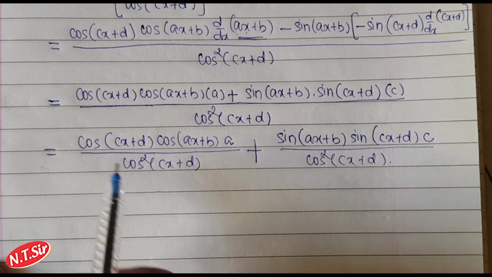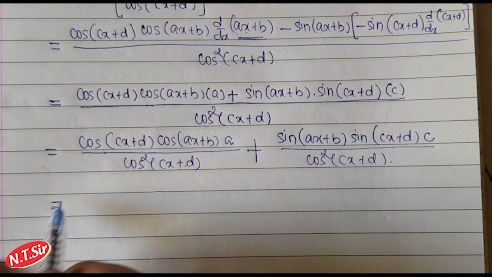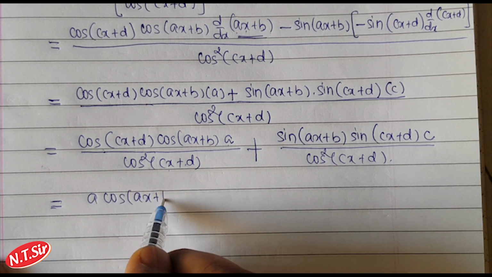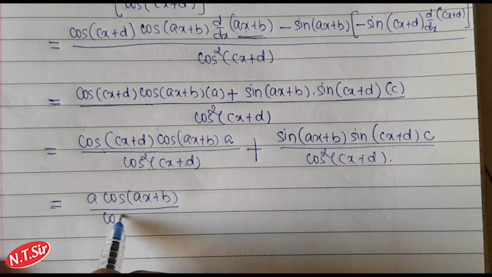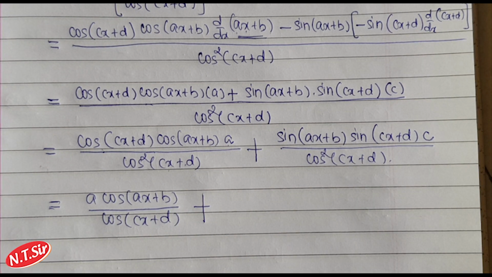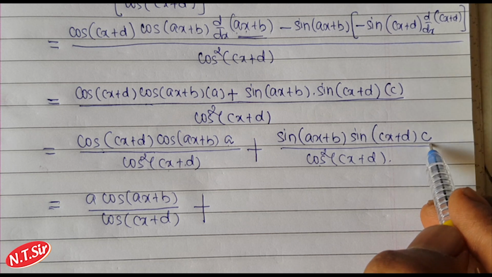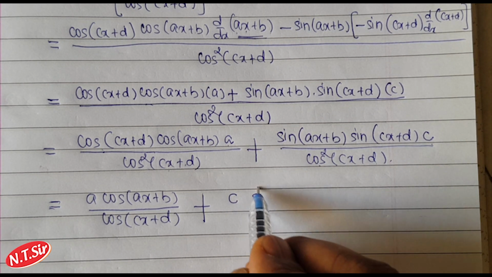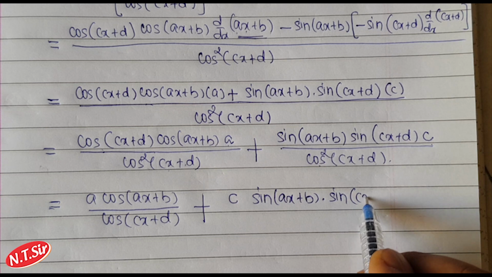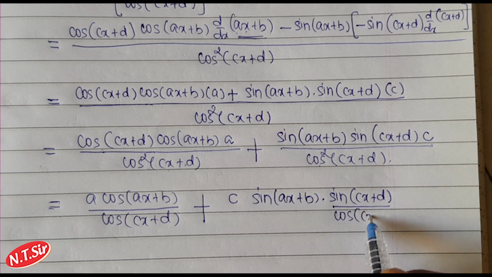Now one cos(cx plus d) will be cut, so remaining will be a constant, cos(ax plus b) whole upon cos(cx plus d), plus here this is sin(cx plus d), this is cos square(cx plus d), and this is c constant, so writing c first, then sin(ax plus b) into sin(cx plus d) upon cos(cx plus d).